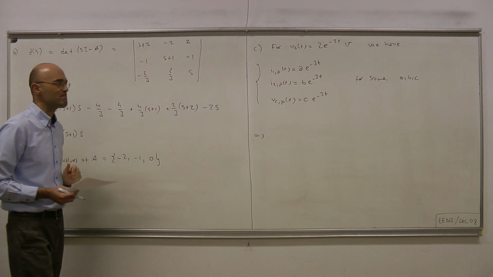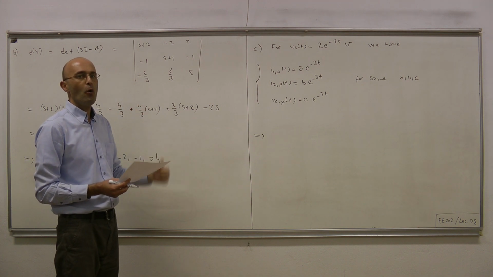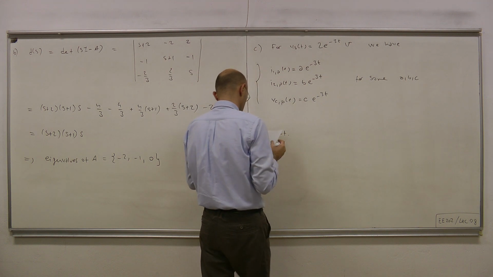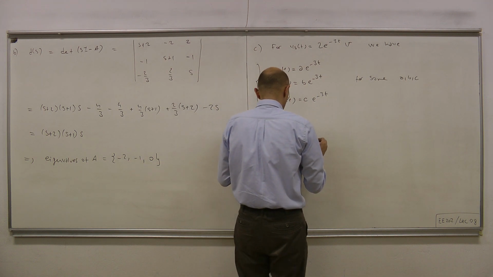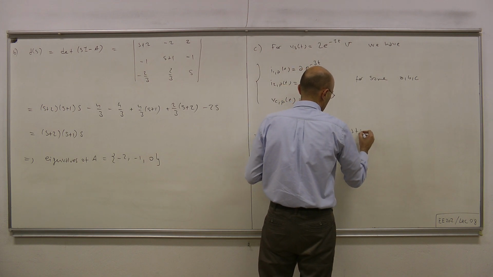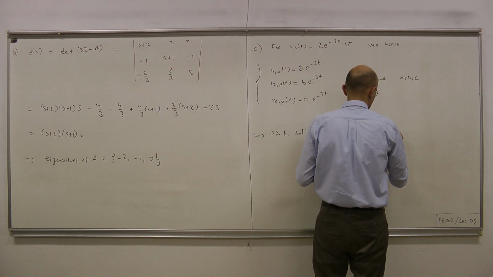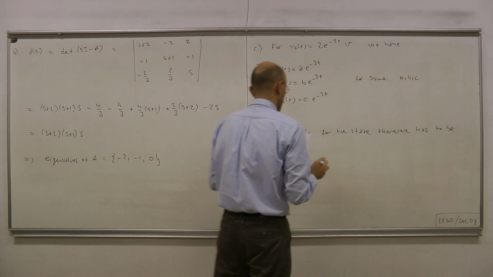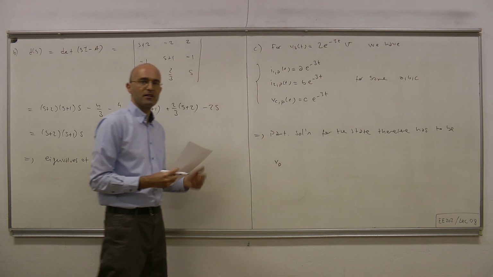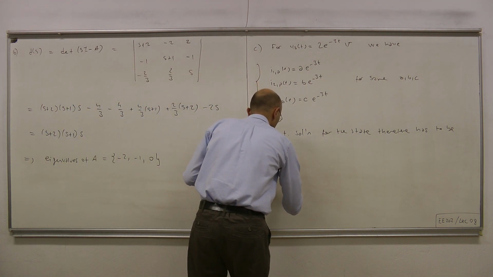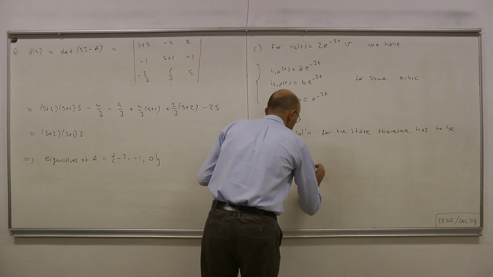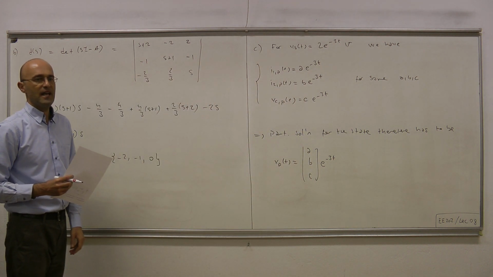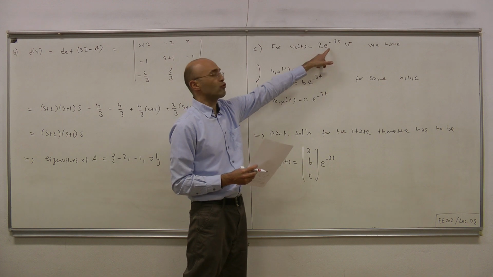And that solution we can use in our state equation to obtain the unknowns A, B, C. So the particular solution for the state, let's call it x sub p, equals A, B, C, and everything is multiplied by the e to the minus 3t exponential, which we inherit from the input.